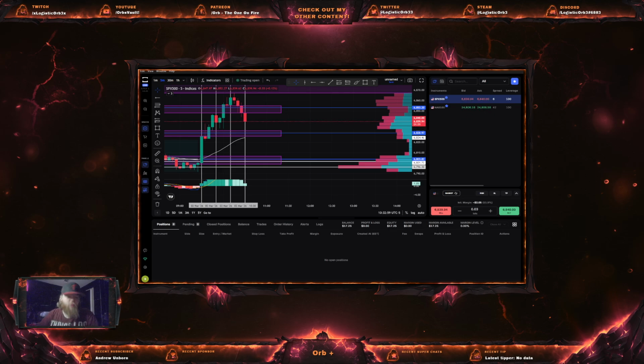Our setup didn't present itself. Setup was fairly simple, but fairly thought out. We did enter late when we could have entered down here.